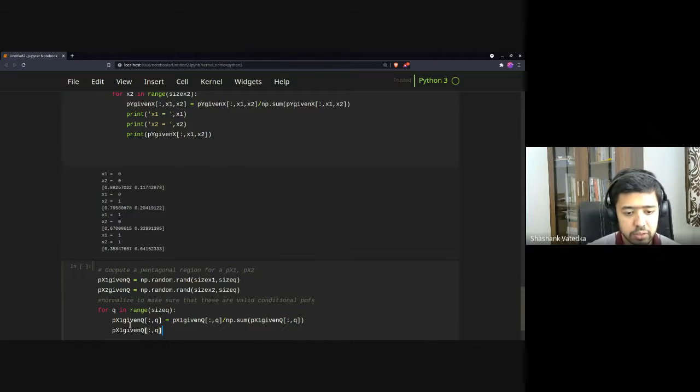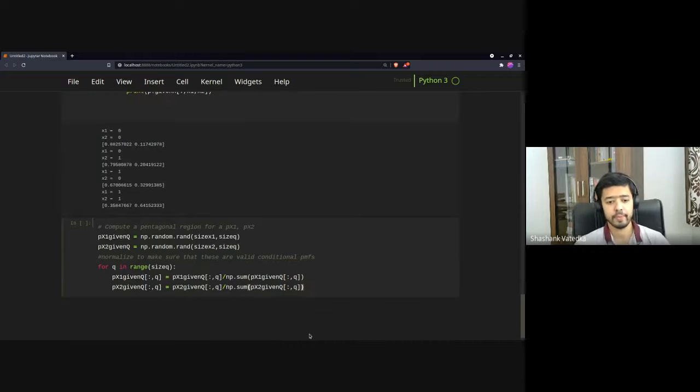Similarly, px2 given q also needs to be normalized suitably. So this gives me a px1 given q and px2 given q. Now I want to plot a pentagonal region, so I'll just fix q equal to 0 or 1.